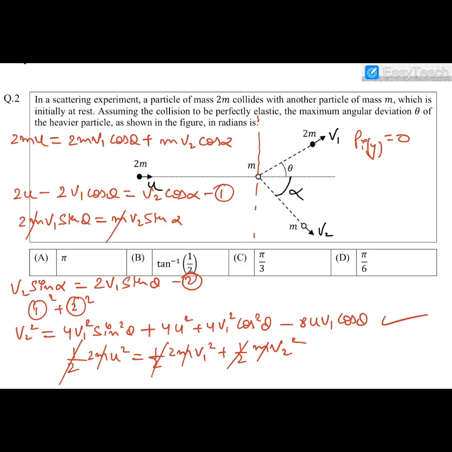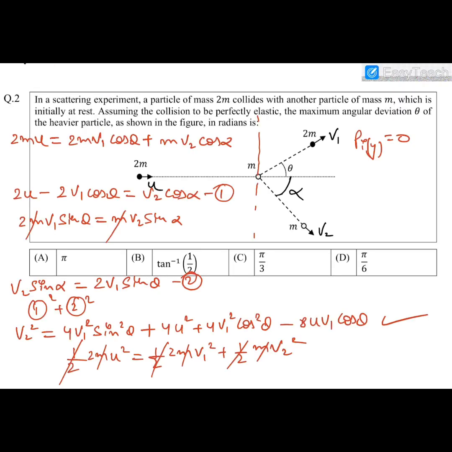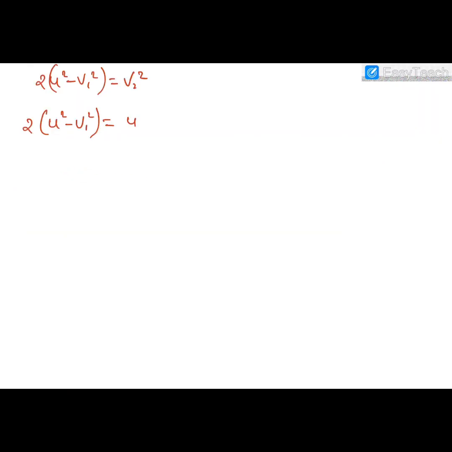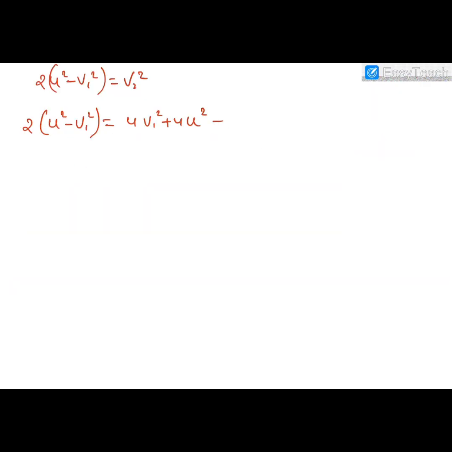So 2u square minus v1 square will be equal to 4v1 square sin square theta plus 4v1 square cos square theta, which is 4v1 square, plus 4u square, minus 8uv1 cos theta.